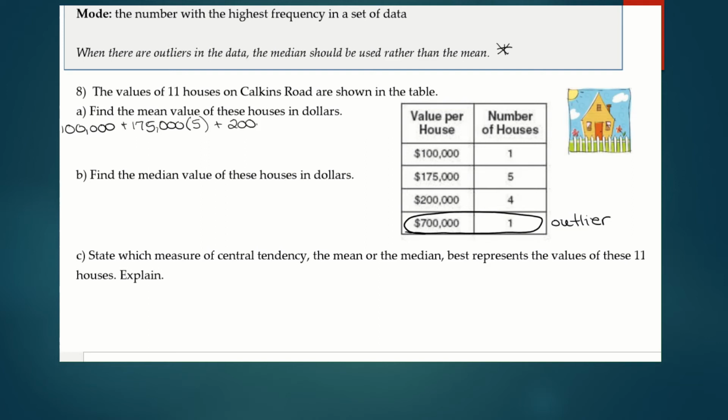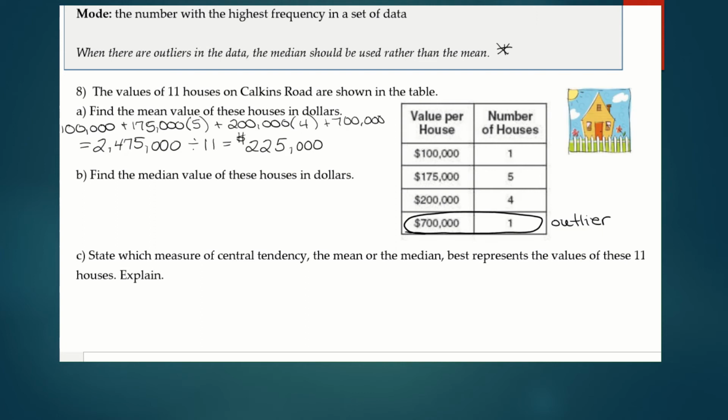Then I'm going to add 200,000 times 4 because there's 4 houses valued at $200,000. And then lastly, I'm going to add that one $700,000 house to the rest of the group. When I add all these together, I get 2,475,000. Now I'm going to divide that by 11. The reason I'm going to divide it by 11 is because we're talking about 11 houses.